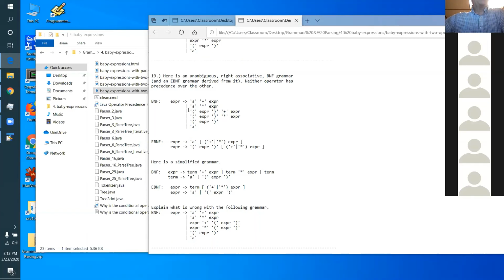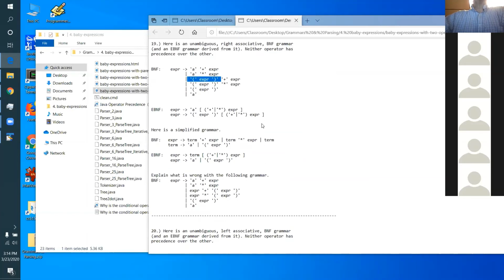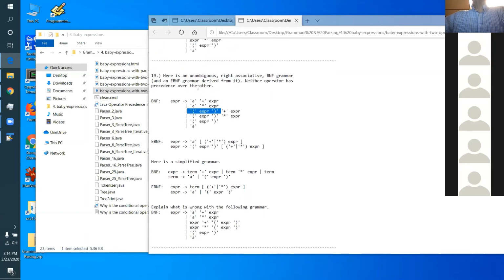So the parentheses have higher precedence than anything else, but the addition and multiplication don't. It's an unambiguous grammar, and it makes operators both right recursive, right associative, and it just doesn't give one higher precedence.